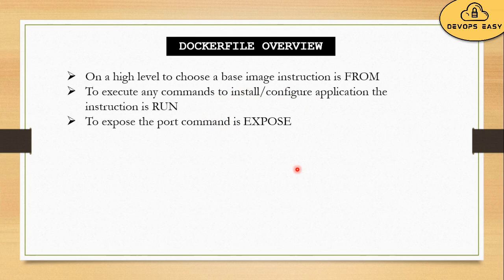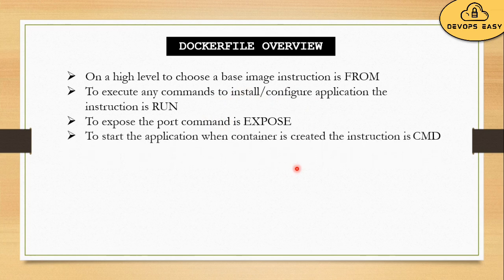To start the application when a container is created, container lifecycle depends upon the command, and that command is nothing but CMD. Now you got it, right? I have explained 4 instructions. You need to remember all these 4 instructions. Tomorrow I might add some more, but first these 4 are important.